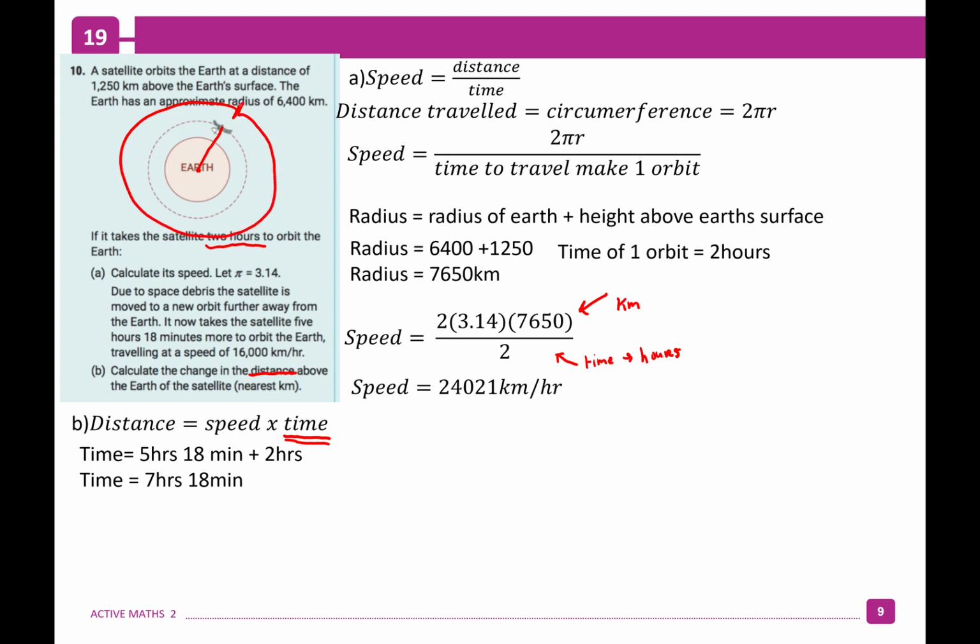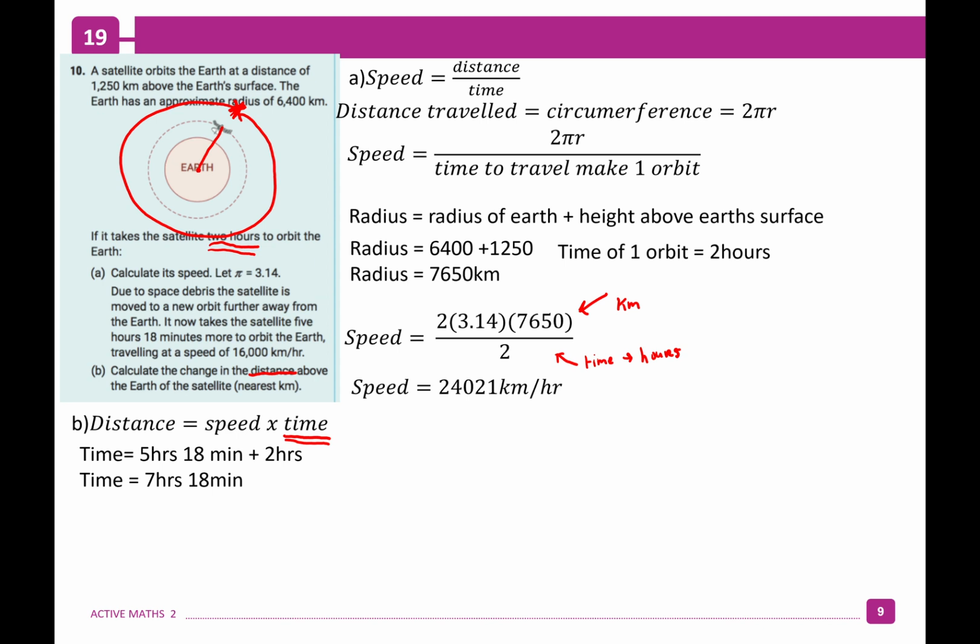So the time it takes to travel this distance is 5 hours and 18 minutes plus 2 hours, the original time it took the satellite to orbit. That means the time it now takes the satellite to make this orbit is 7 hours and 18 minutes.